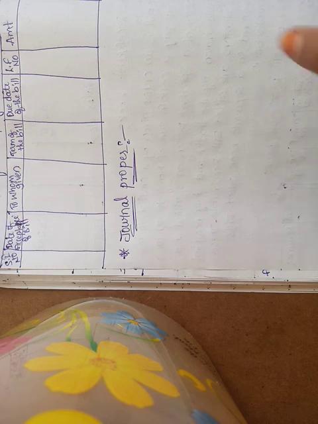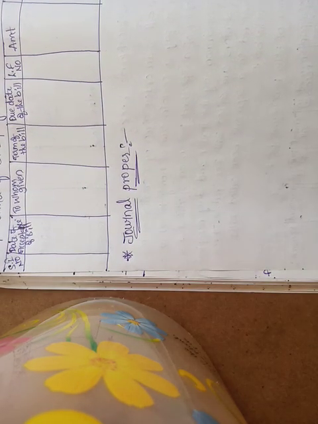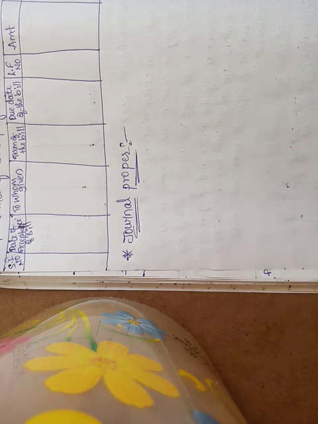Okay, so this journal proper is used for recording only those transactions which cannot be recorded in any other subsidiary book. In this journal proper we record such entries as opening entries, rectifying entries, transfer entries, adjustment entries, closing entries.